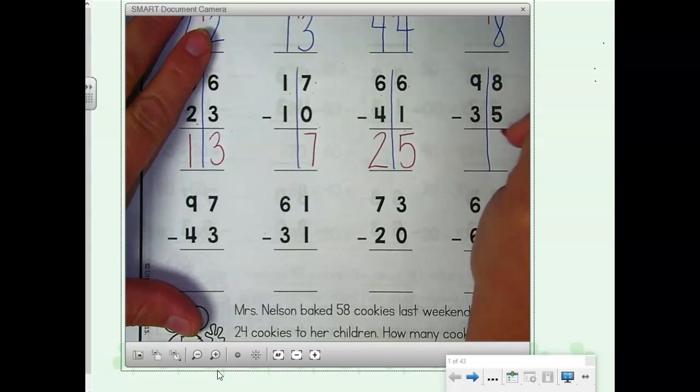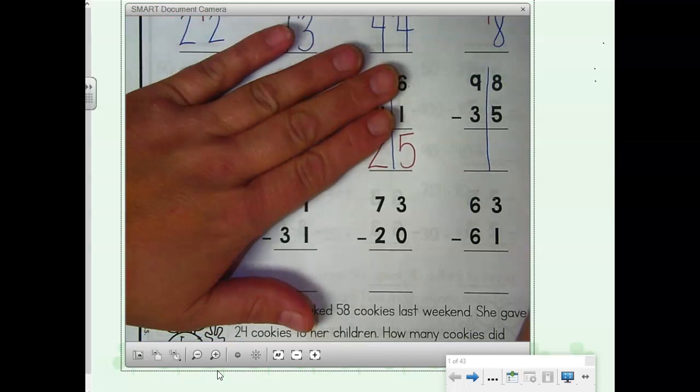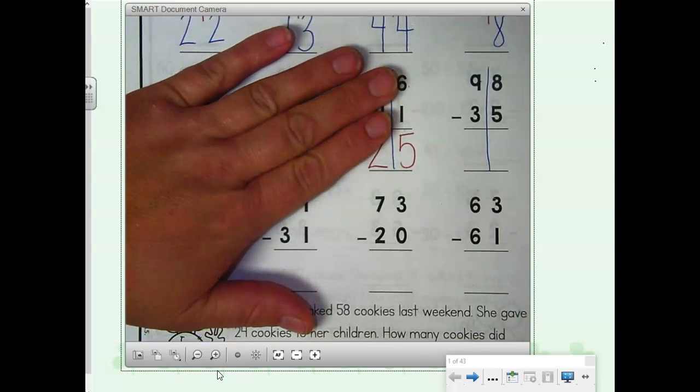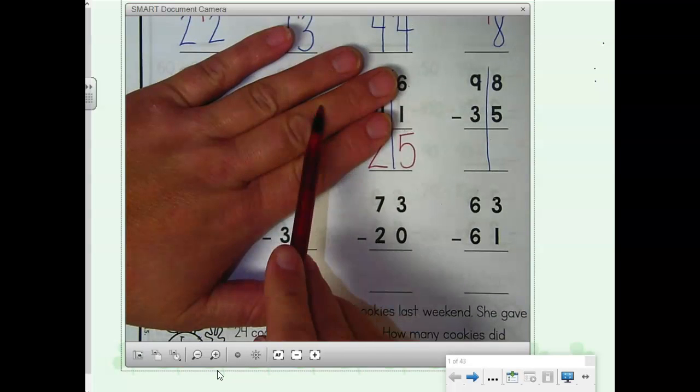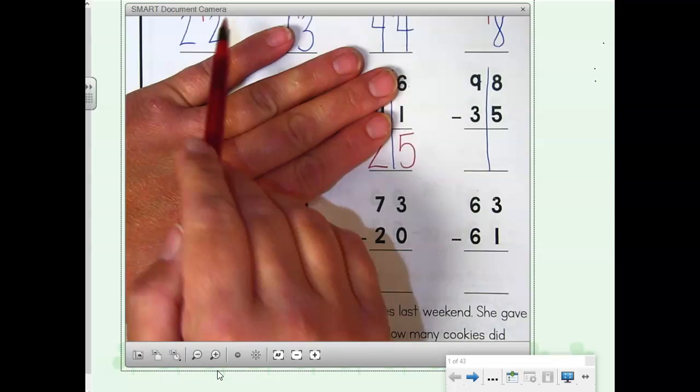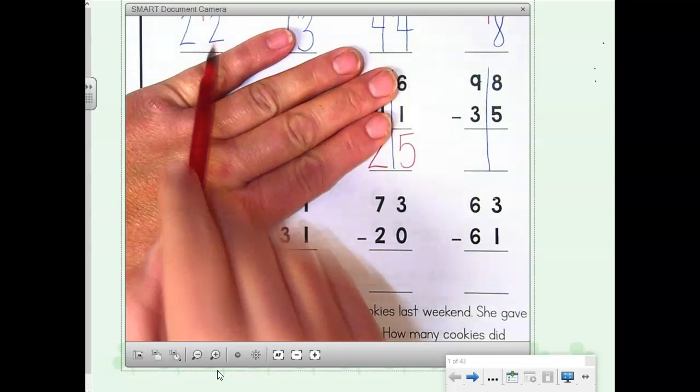98 minus 35. 8 minus 5 in the ones place. All right, I got 5. Let's start with 8 in our heads. 8, 7, 6, 5, 4, 3.